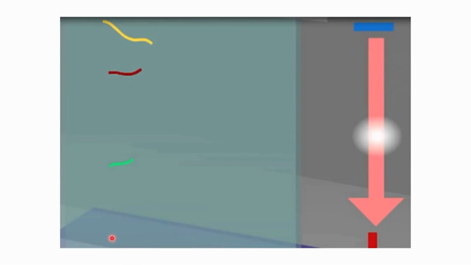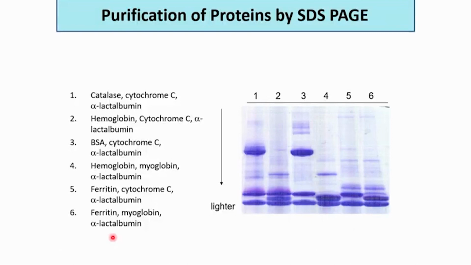When the dye reaches the front, you stop the current, take the gel and stain it with Coomassie blue, keep it overnight in acetic acid methanol, and then wherever there are proteins you will get blue bands. So, these are the proteins that you see.